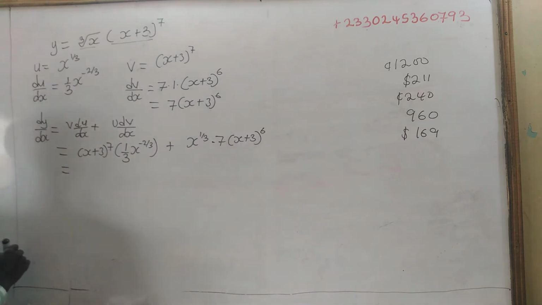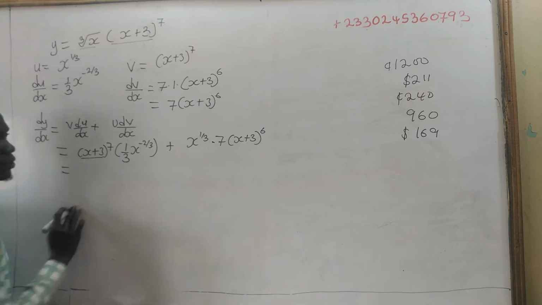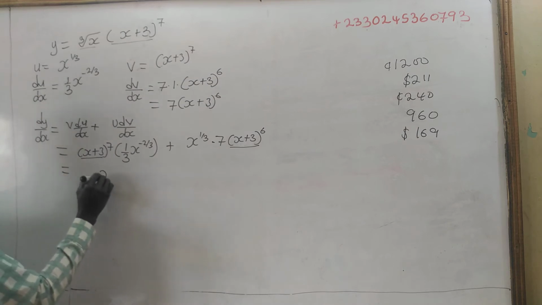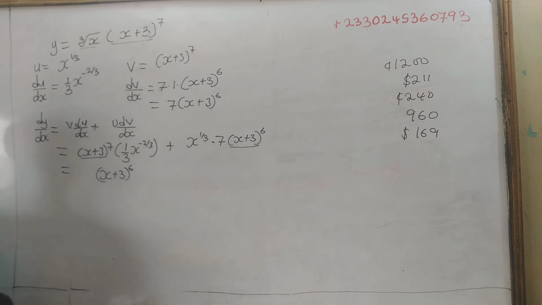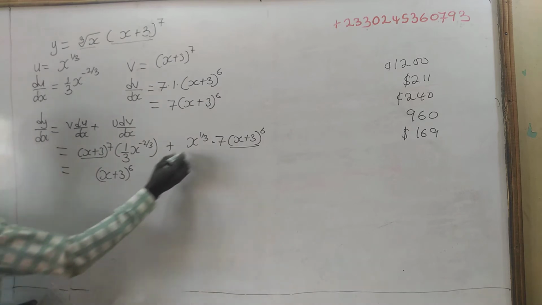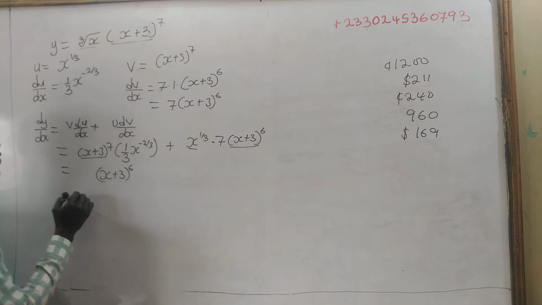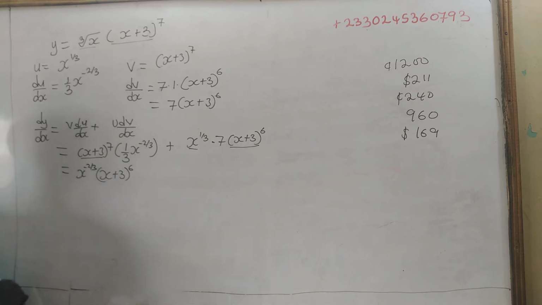So here what do we have? We have (x plus 3) to the power 7, (x plus 3) to the power 6. So you bring (x plus 3) to the power 6 out. Here we have x to the power 1 out of 3, x to the power minus 2 out of 3. So you bring x to the power minus 2 out of 3 out.